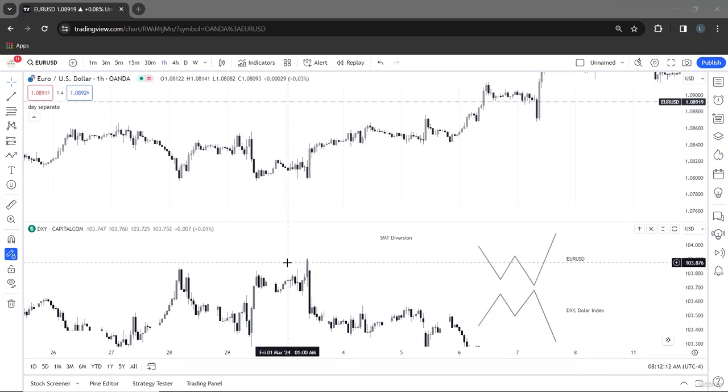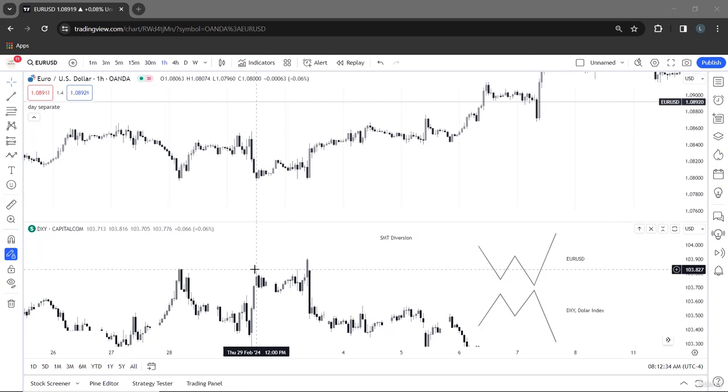So SMT divergence, like it said in the text, is basically an inverse correlation between the dollar index and every other asset type that doesn't have the dollar as the base currency, because that would basically be the same thing as the dollar.